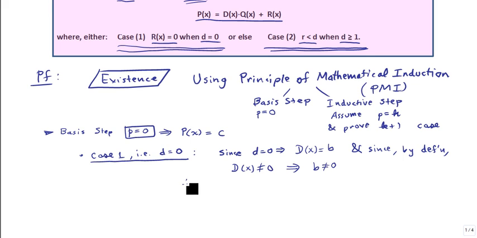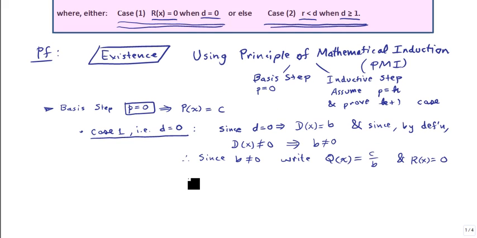And so, therefore, since b is different than 0, you can write very easily, we're trying to show the existence of a q and an r, I can write my q very easily as c over b, and my r very simply as 0.